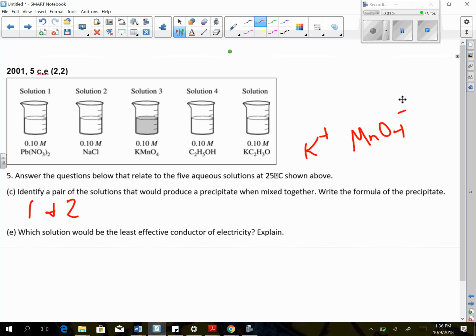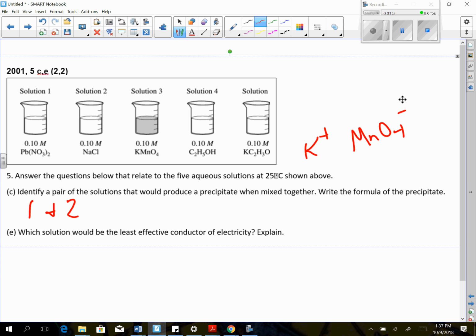So why wouldn't it be 1 and 3? Why wouldn't it be what? 1 and 3. Does PbMnO4 not precipitate? And how do you know that? You would have ones that are always going to form the ones that you know.